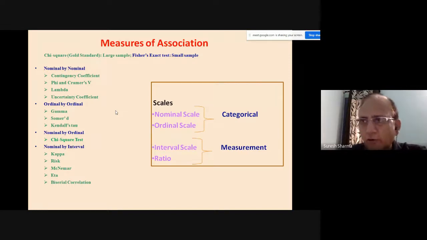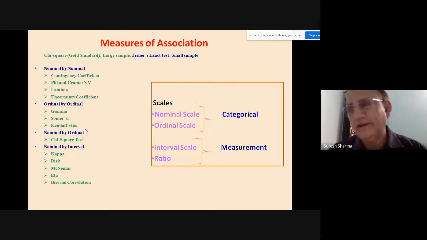So, ordinal by ordinal. In such a situation, again do not use chi-square. There are methods: we compute gamma coefficient, Somers' D, Kendall's tau. Out of these, gamma is the best one. It will give you a negative or positive value, and you will come to know whether the association is positive or negative.